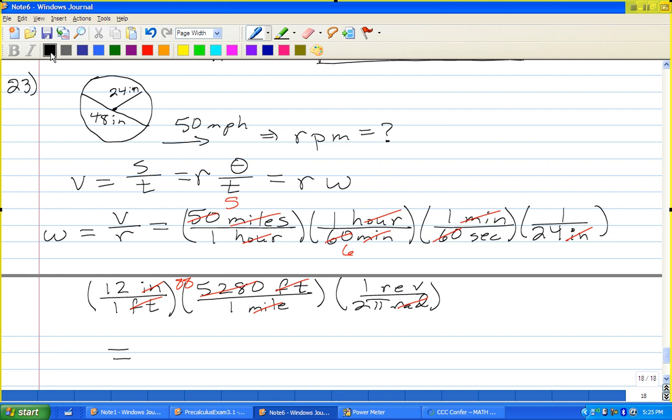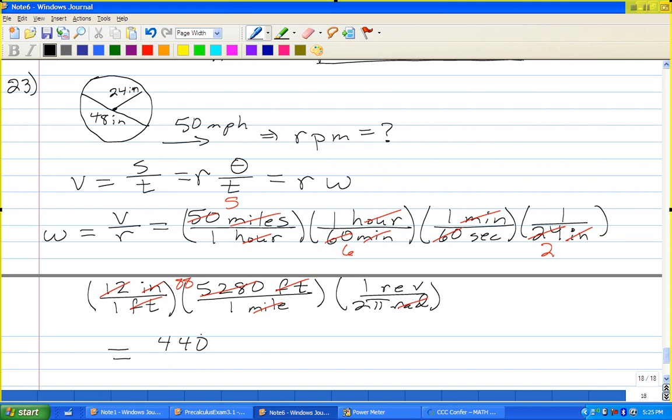Let's divide the 12 and the 24 to get a 2. Okay, obviously I can still reduce some other things, but 5 times 88, 440.